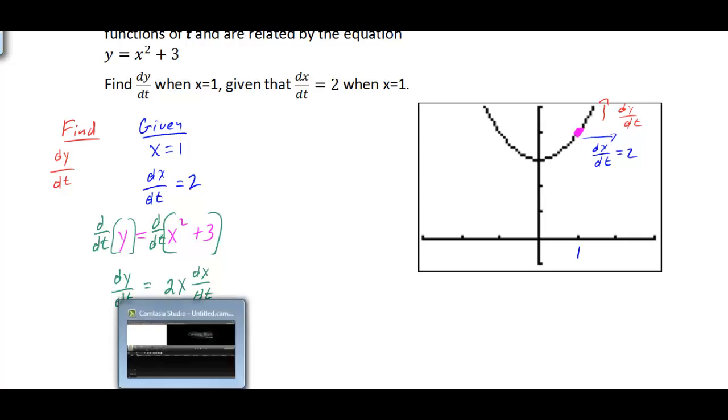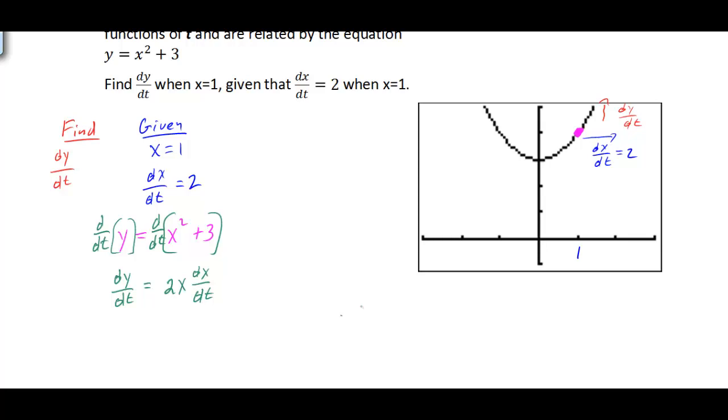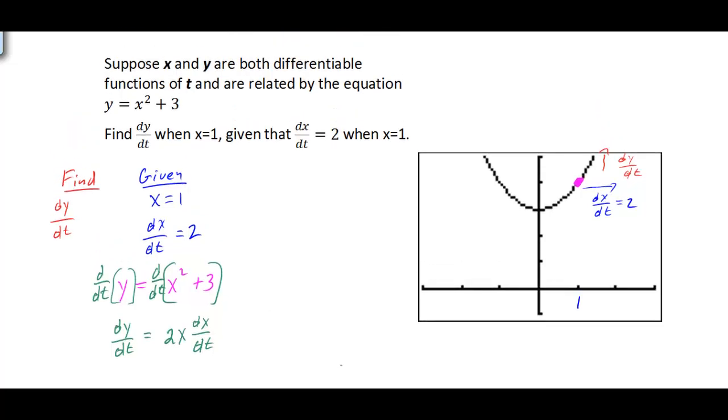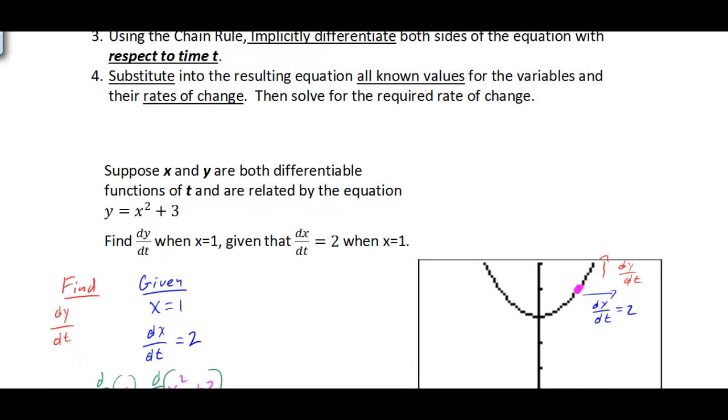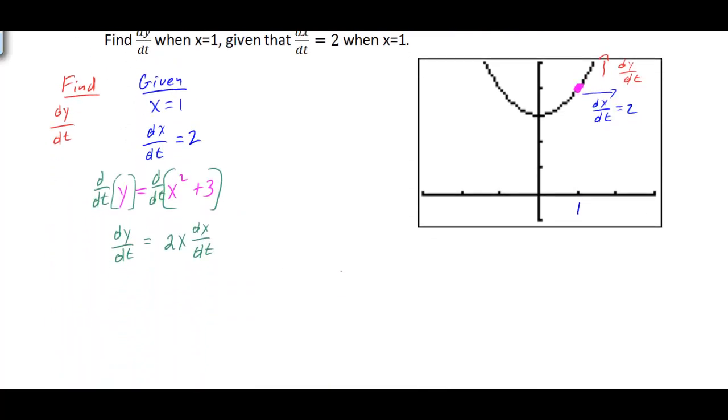All right, so now that we've taken the derivative at this point, we can solve for dy/dt. Well, we need to substitute what's given. So now we can take what is given.